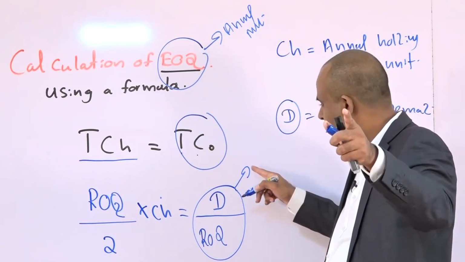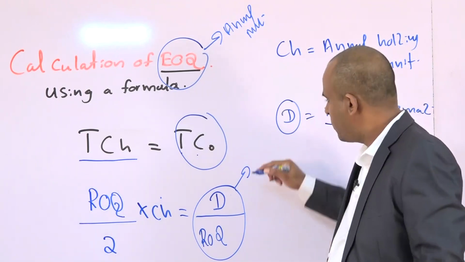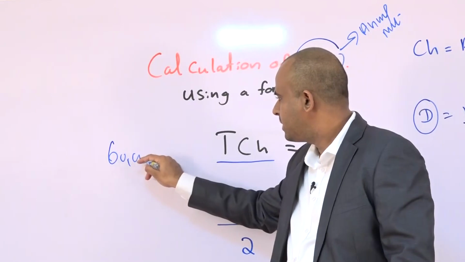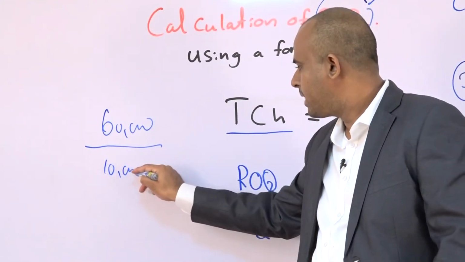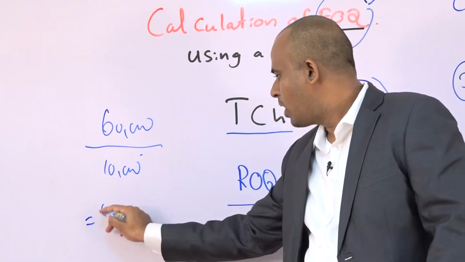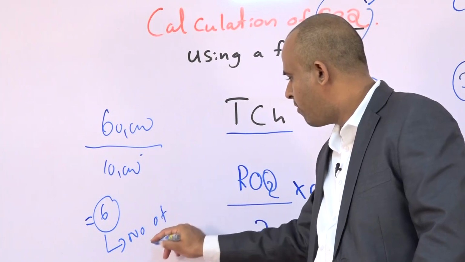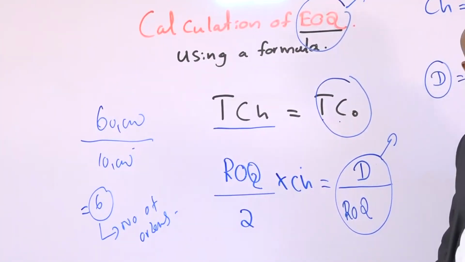For example, if your annual demand is 60,000 units and you are purchasing 10,000 units at once, you get 6. What is this 6? Number of orders. How many times you place the order?